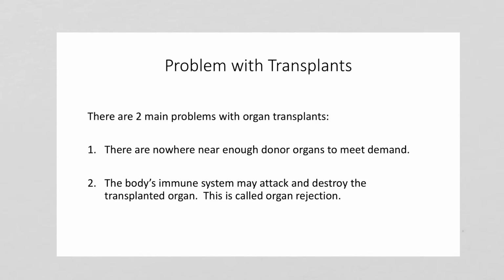The other problem is what's called organ rejection. We've probably heard about organ rejection. So the first problem, there's not enough supply to meet the demand. Second problem is organ rejection. And organ rejection is because your own immune system will recognize the organ as not being you, and therefore will attack it and destroy it.